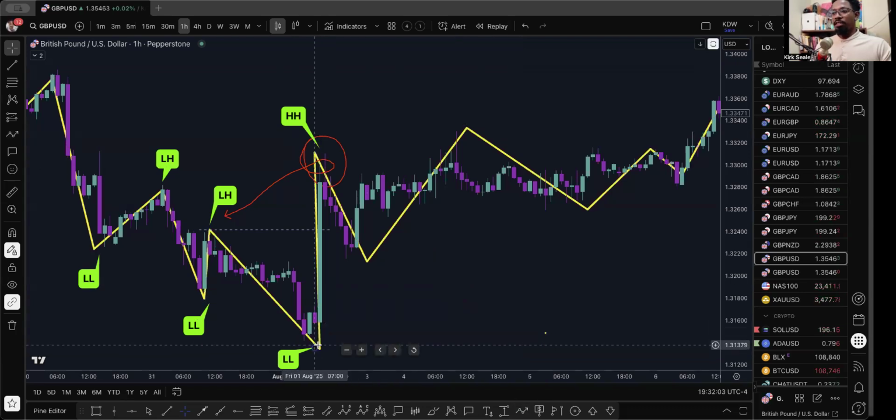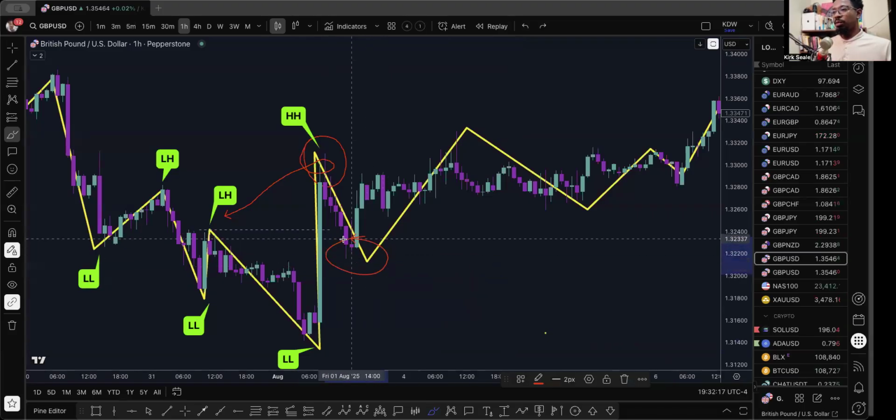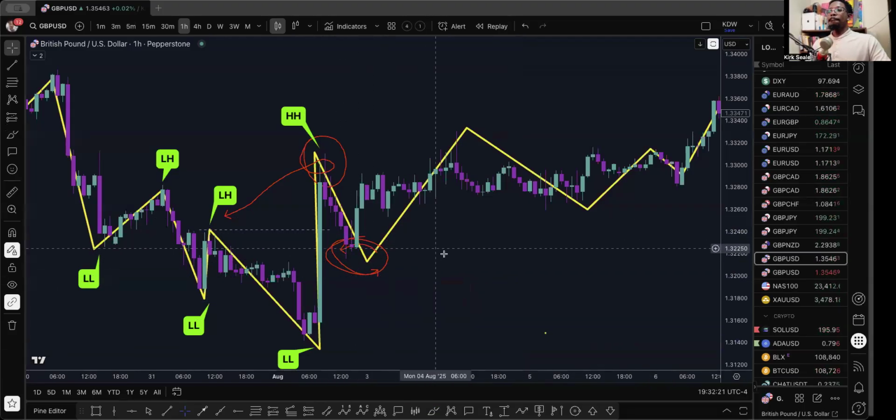So this is just A, B. We got to wait for C, D to happen. Or if you're more advanced, this would have been your first to the party entry around here.